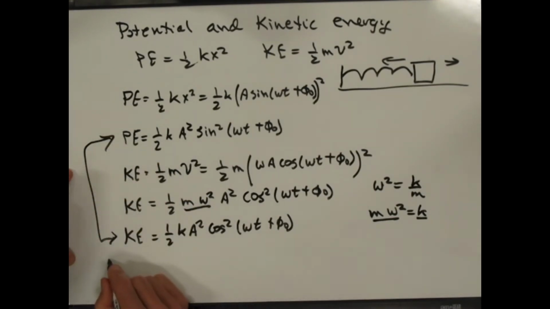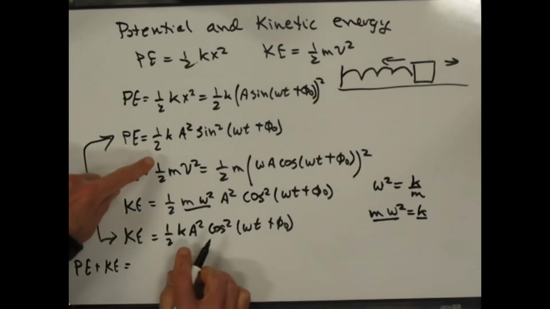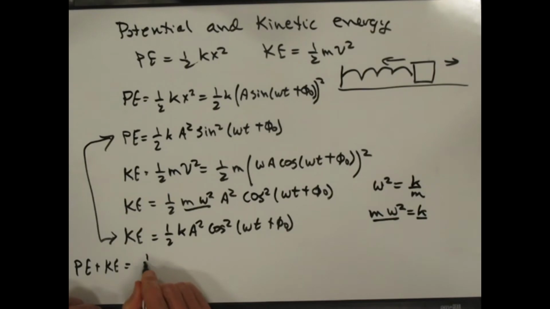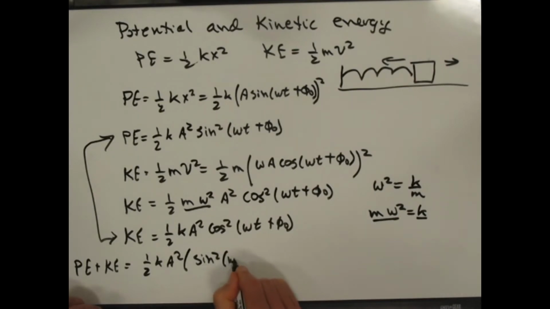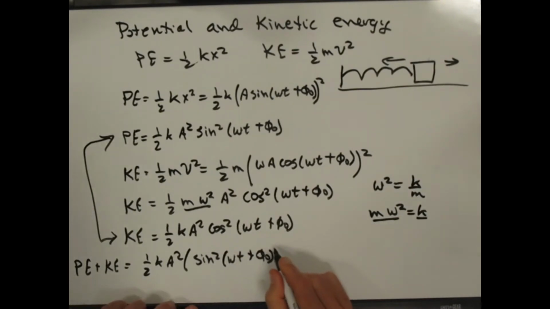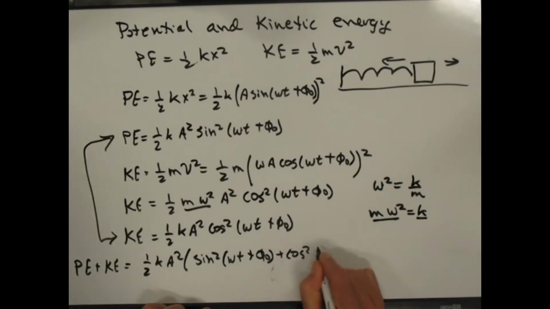I can say, look, the potential energy plus the kinetic energy, they each have a 1/2 k A squared times sine squared of omega t plus phi naught, for this guy, plus cosine squared of omega t plus phi naught.